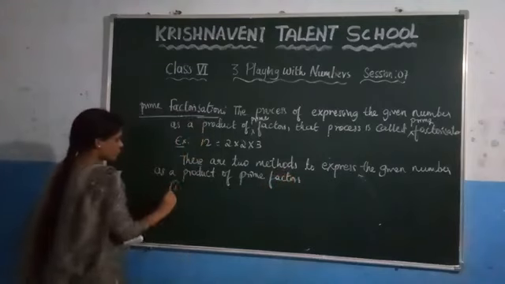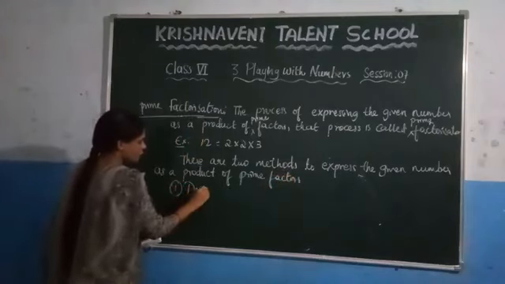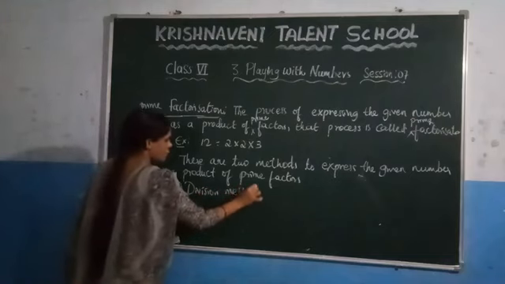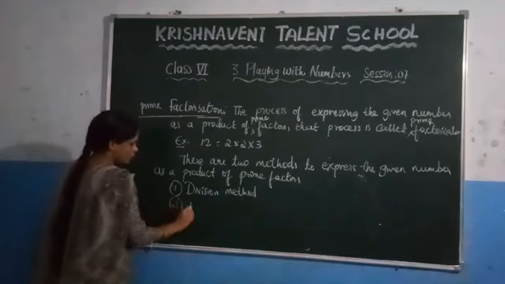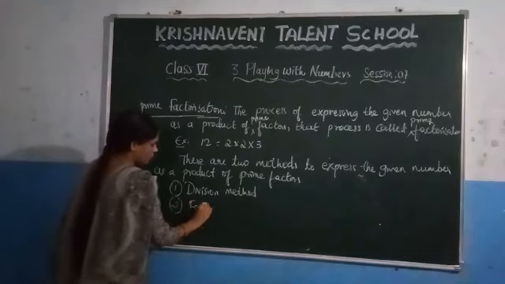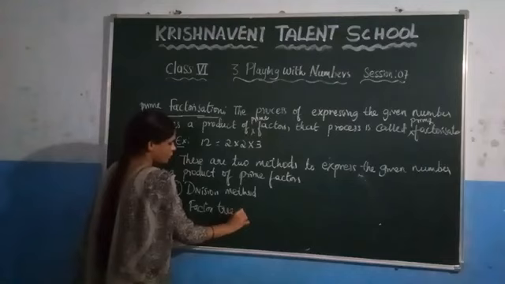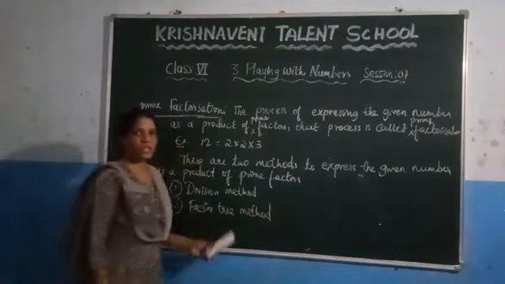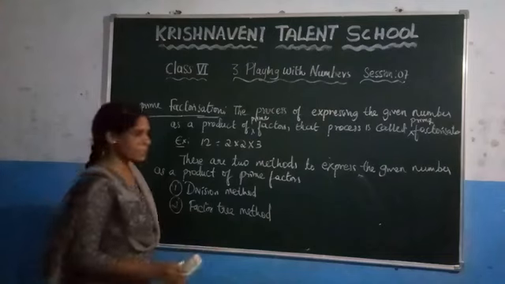What are those? First one is the division method and the second one is the factor tree method. Now, based on this concept, we are going to solve the next exercise.